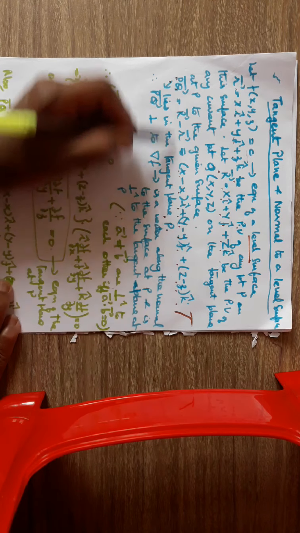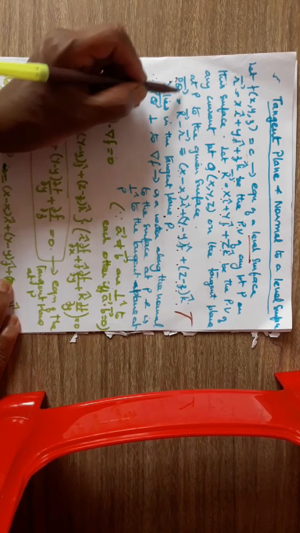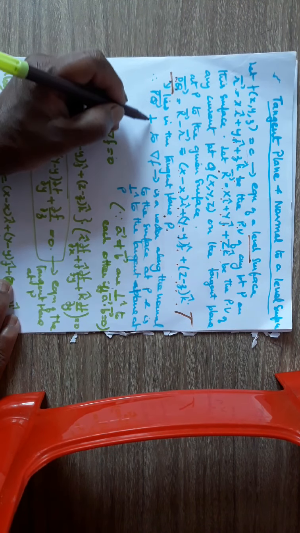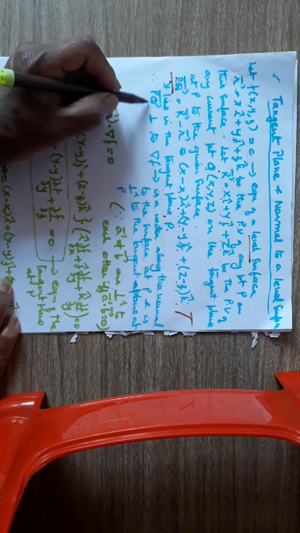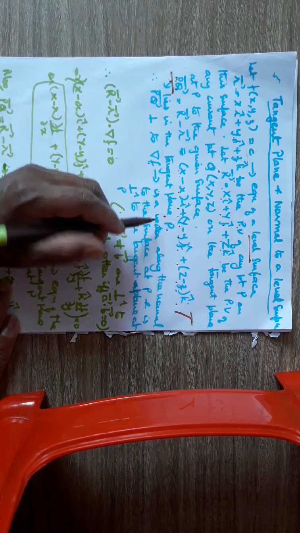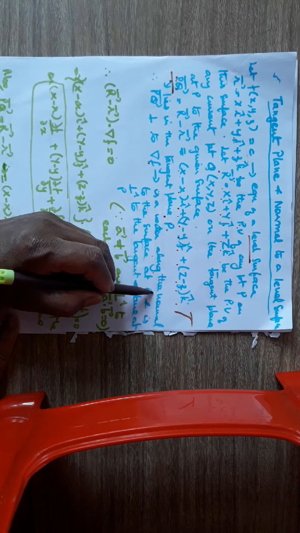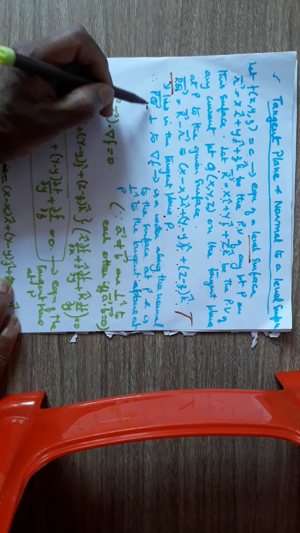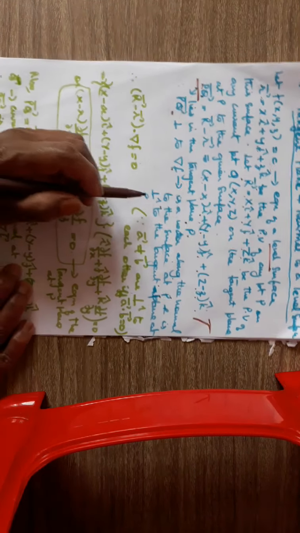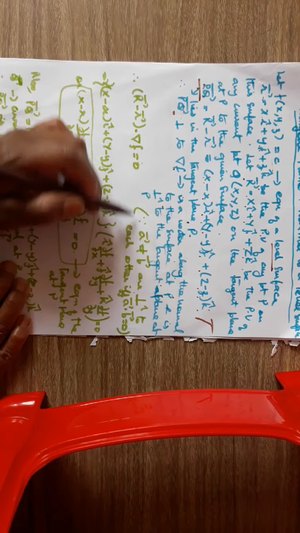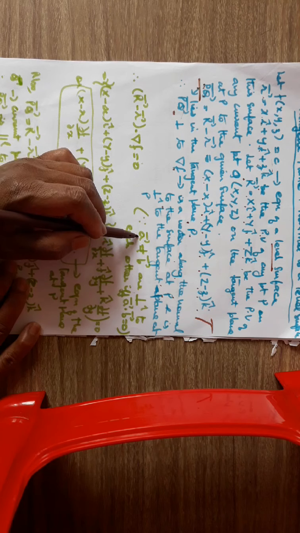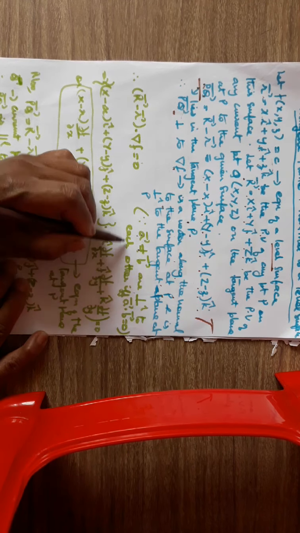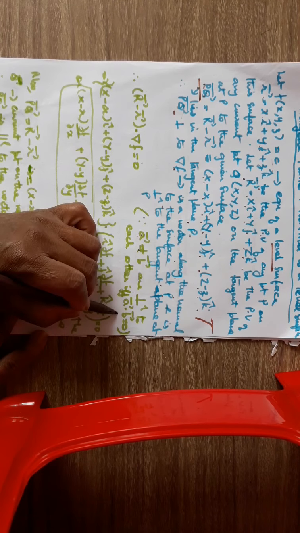Since it lies in the tangent plane at P, this vector PQ will be perpendicular to del f, that is, the gradient of f, where del f is a vector along the normal to the surface at P, and it is perpendicular to the tangent plane at P. As you know, two vectors are said to be perpendicular to each other if their scalar product is equal to 0.